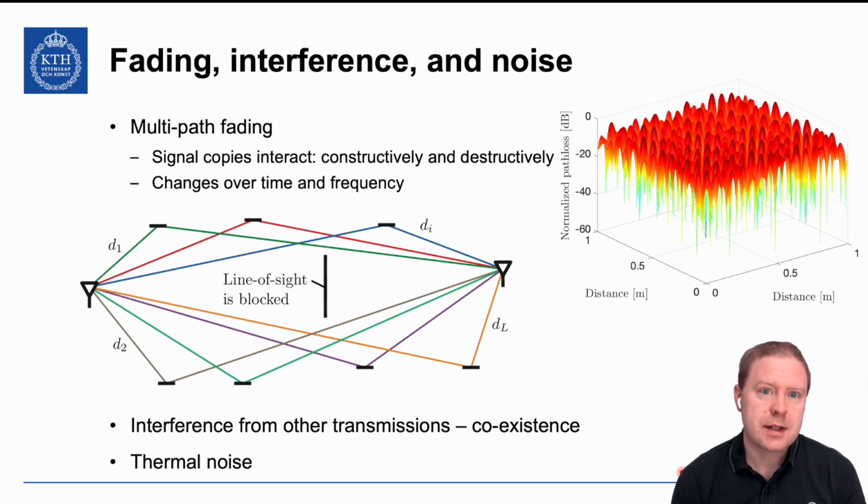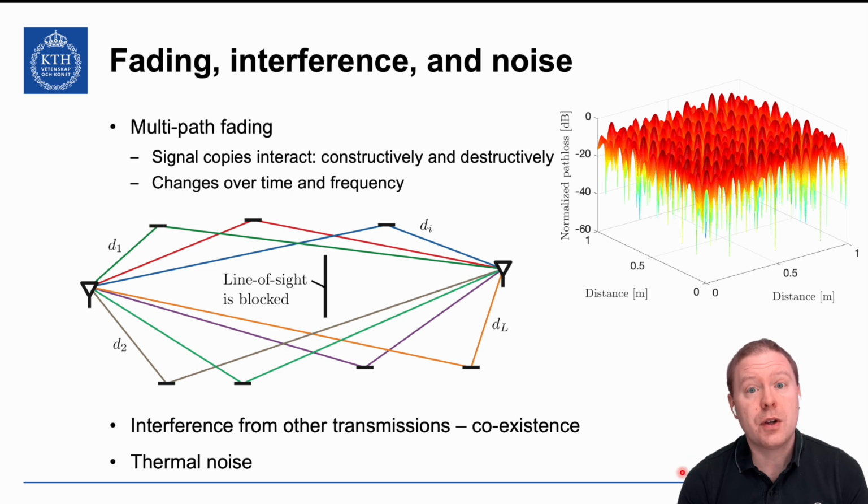And in particular, in these non-line of sight scenarios, there are further challenges appearing. There is the thing called fading, or multipath fading. This is when the transmitter here and the receiver here are not seeing each other, so the line of sight is blocked here, and the signal will make it from the transmitter to the receiver by bouncing off these different objects here.